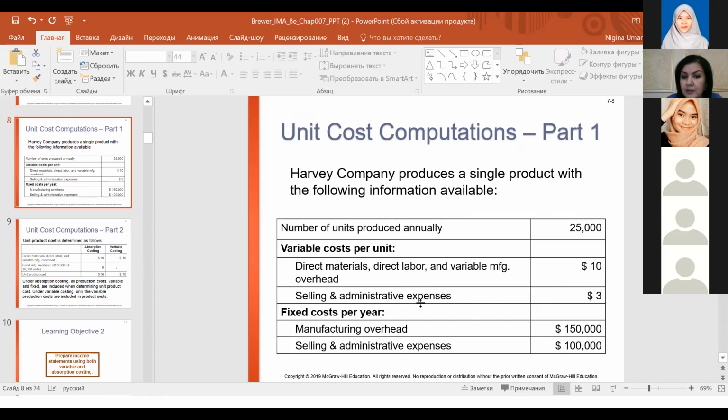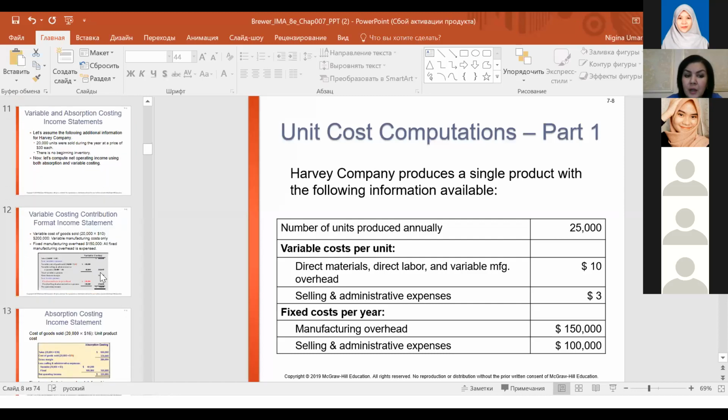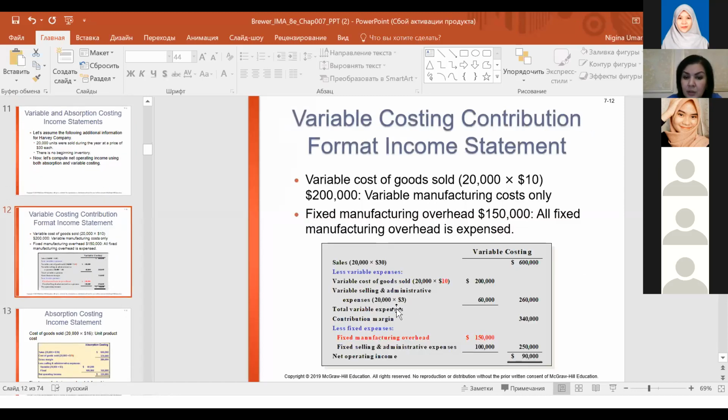So this total depends on the number of units sold. That's why if the company sells 20,000 units, we multiply by $3. So it is $60,000.